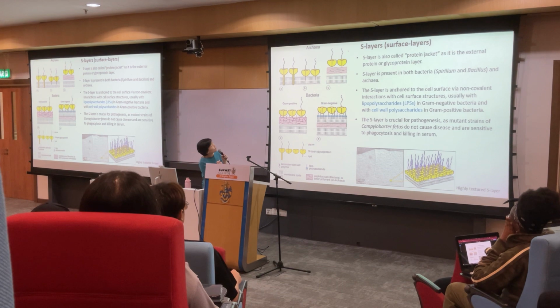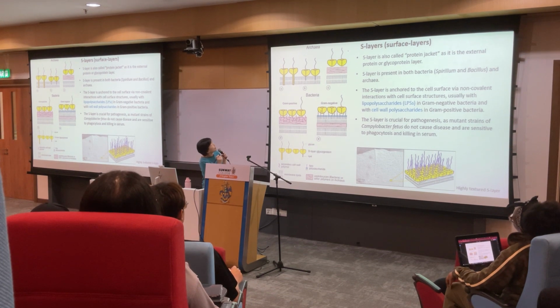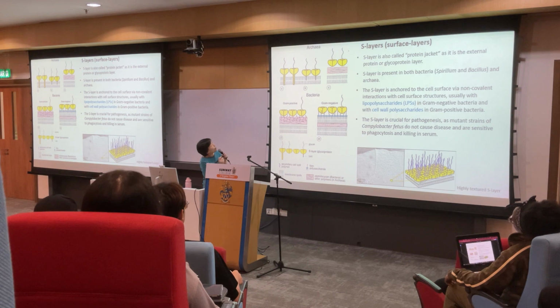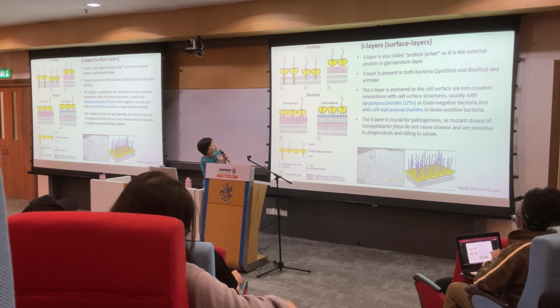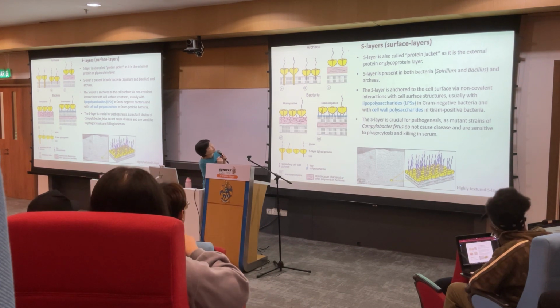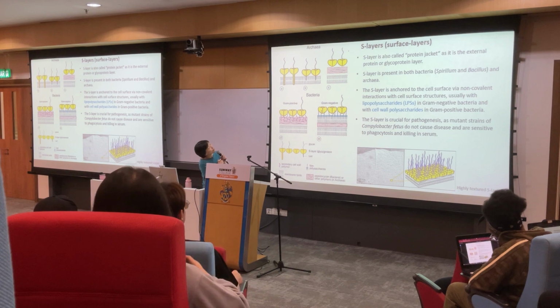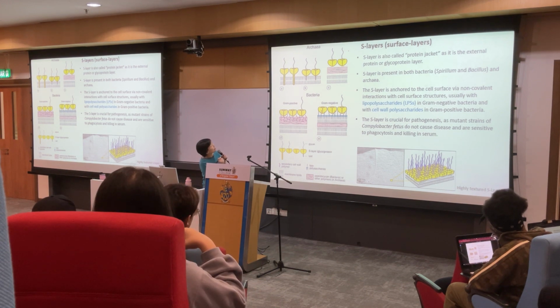But they are different. For the archaebacteria, the S layer is indicated by this yellow color. So what are they? They are also called a protein jacket because they are coating the surface of the bacterial cells. This looks like a jacket. They can be either protein or glycoprotein.